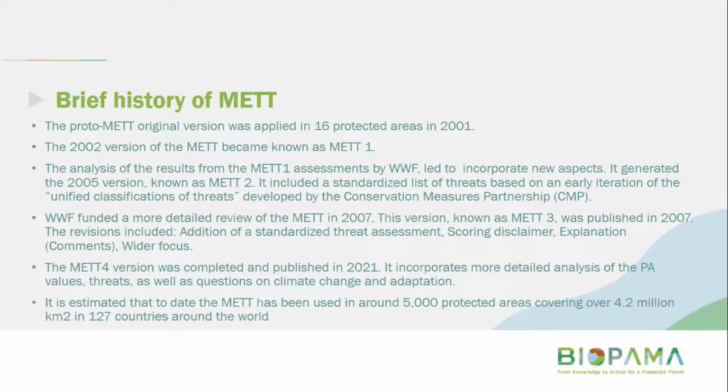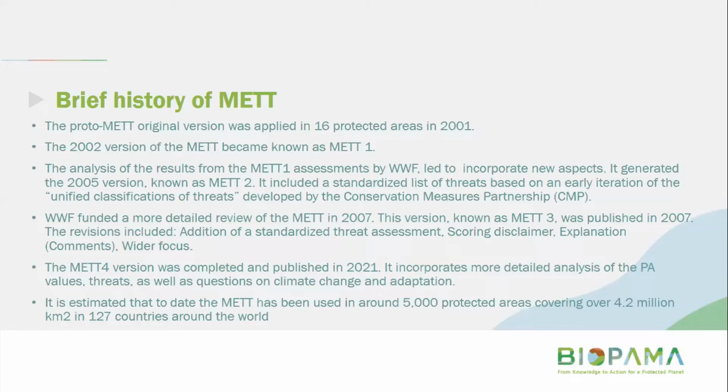Then version 4, or METT-4, was completed and published in 2021, and it incorporates more detailed analysis of the protected area values and the threats, as well as questions on climate change and adaptation. This is the newest version.